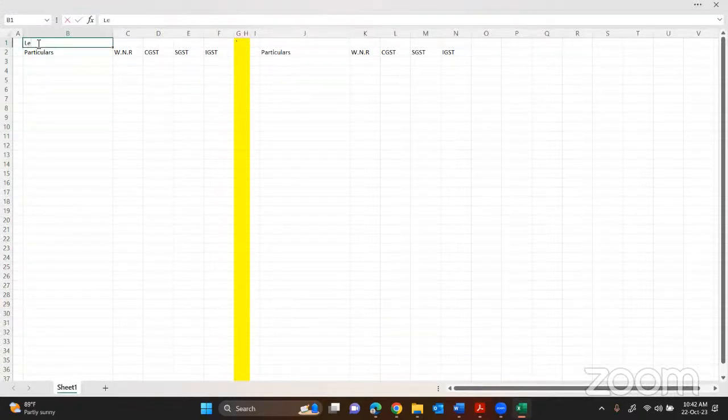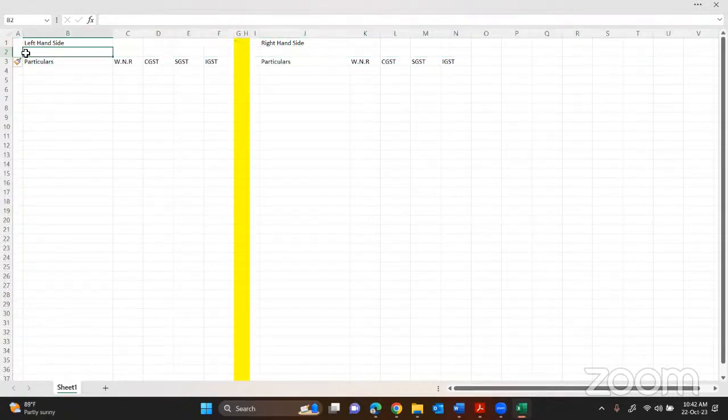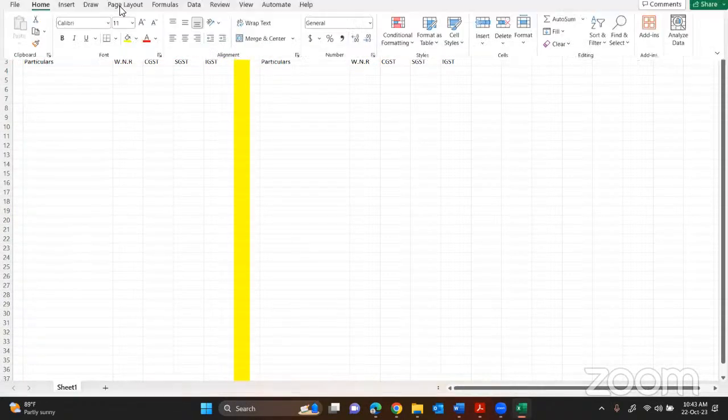This is left hand side. And this is right hand side. Let's try to visualize in your notebook or in your answer sheet. Divide this. And always the heading should be, they will ask the heading in different manner.